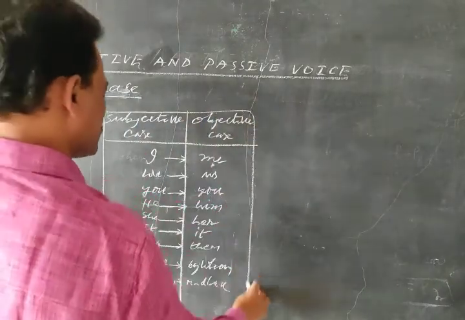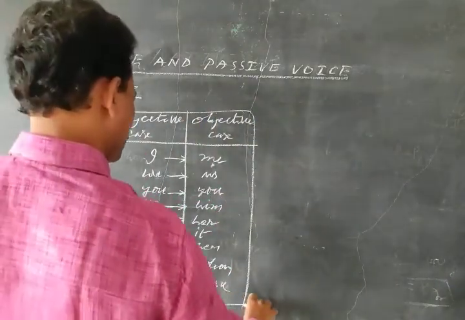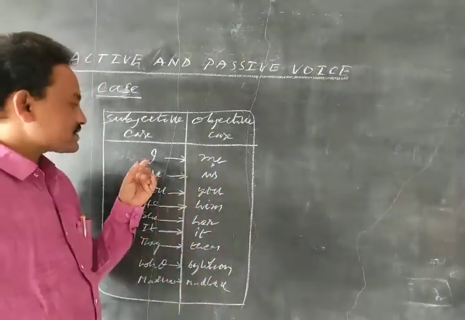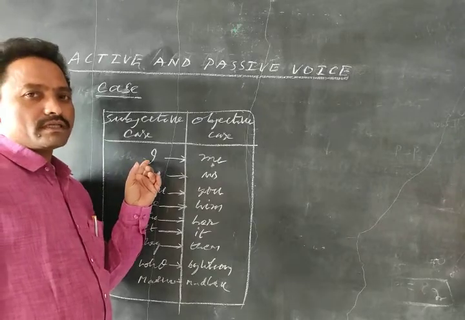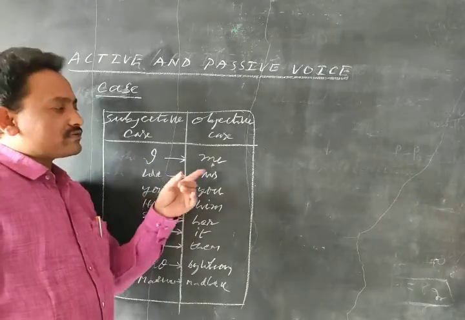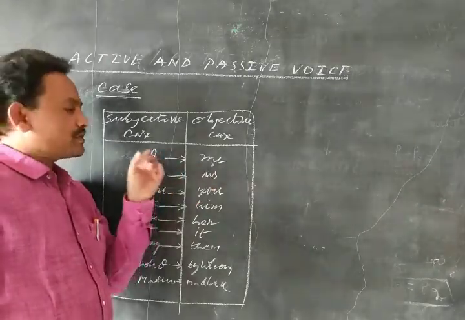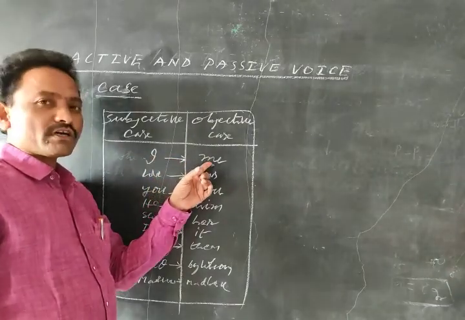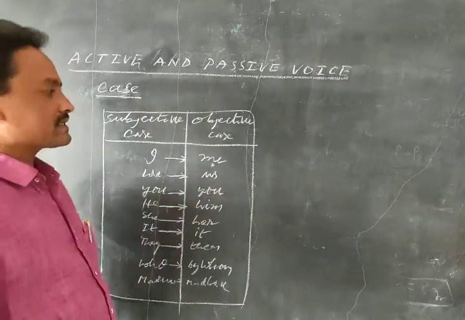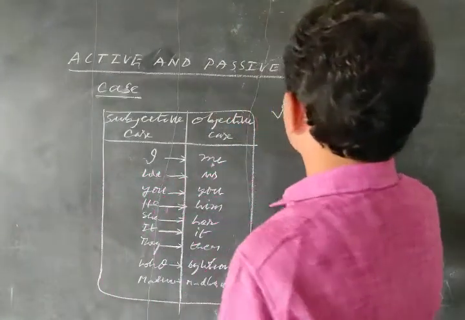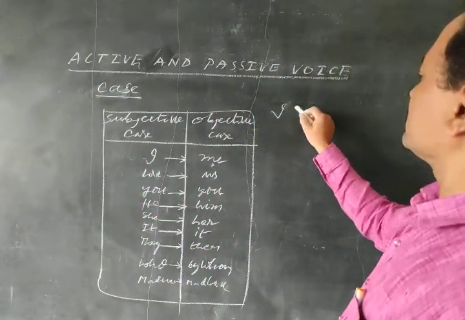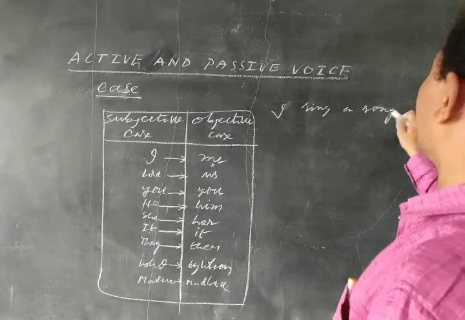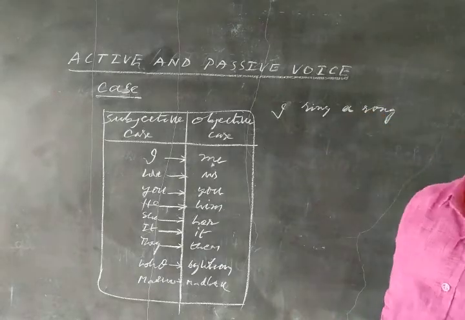So you have to remember this case, that is subjective case and objective case, because these are very useful. If in active voice I is used, in passive voice it becomes me, because it is used in subjective place and objective place. Suppose for example, I sing a song.